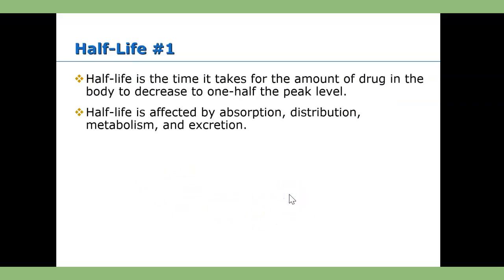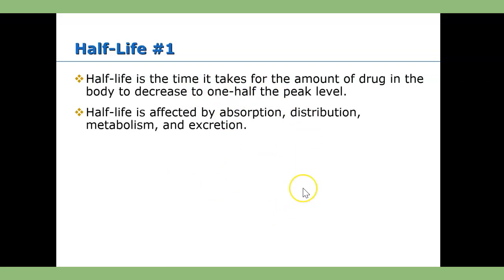Now when we go to half-life, remember, how long is it for the drug to decrease to 1/2 at the peak level? And it's affected by absorption, distribution, metabolism, and excretion. So while we can calculate as accurate a half-life as possible, we also have to take into consideration these 4 things, that the half-life can be affected.